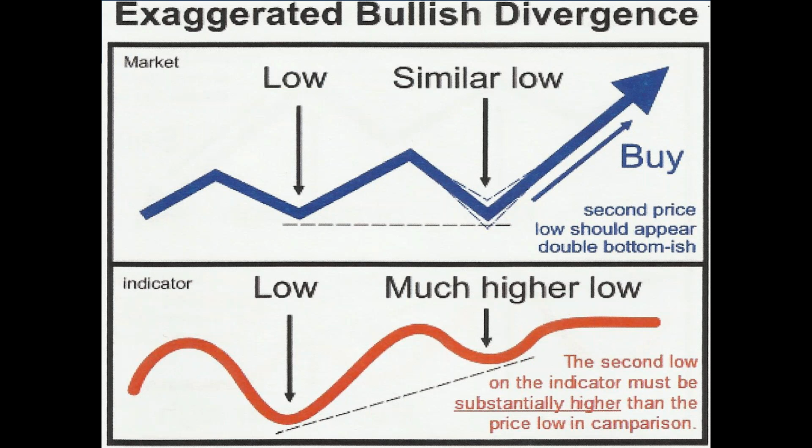So we see a sort of double bottom at the price, but we have a higher low on the MACD indicator. Once more, exaggerated or reverse is when we have a double bottom and a higher low on the MACD indicator.